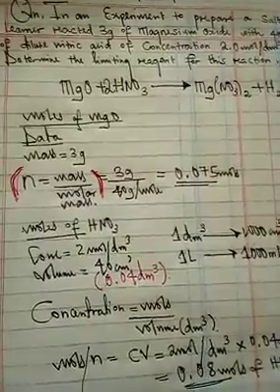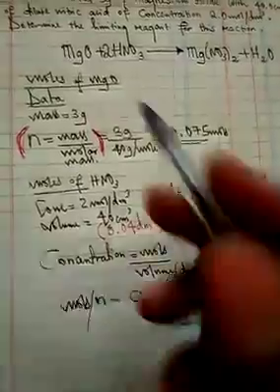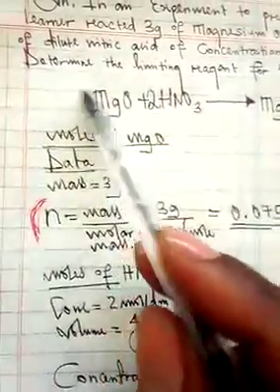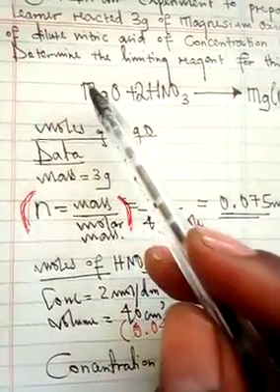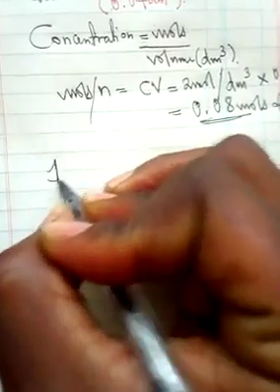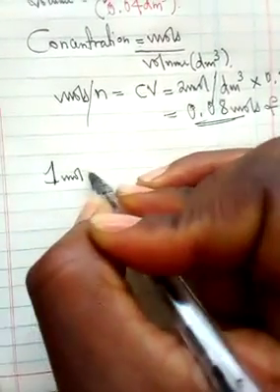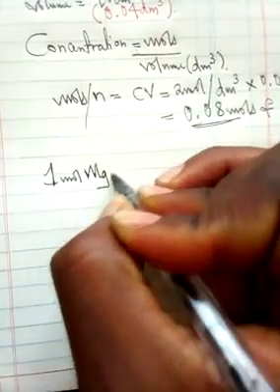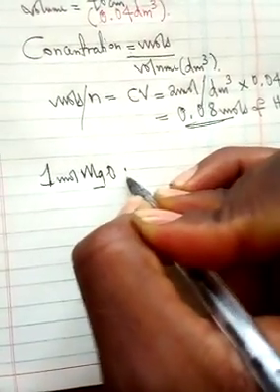How? If you look at magnesium oxide here, it has a coefficient of 1, even though it hasn't been shown. So 1 mole of magnesium oxide was being reacted.